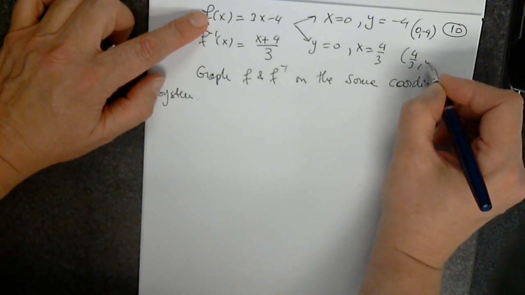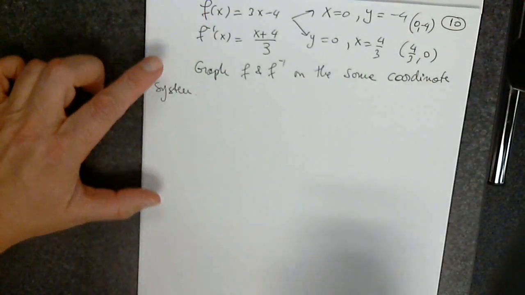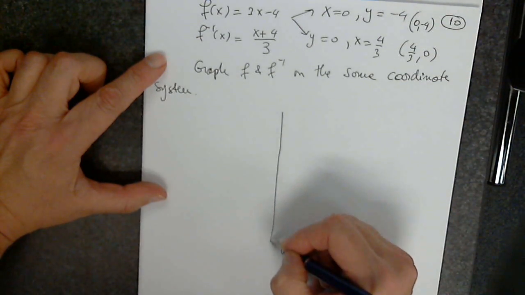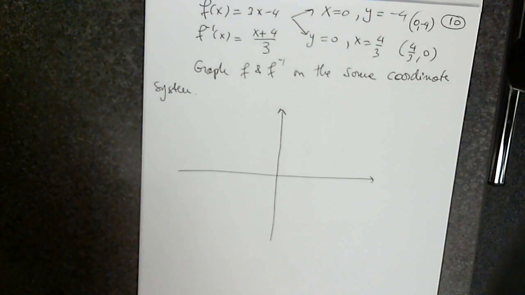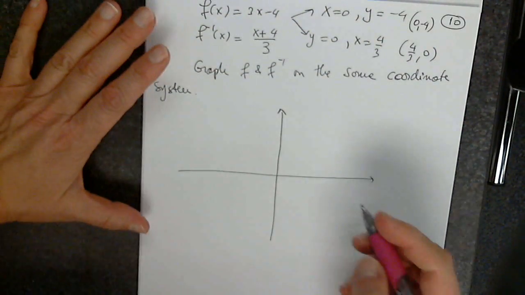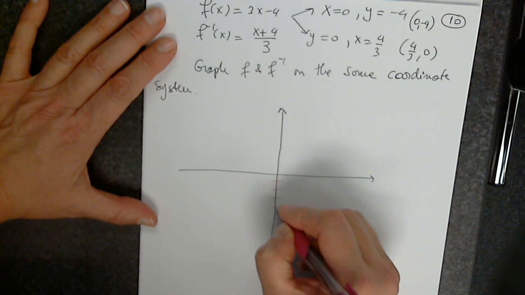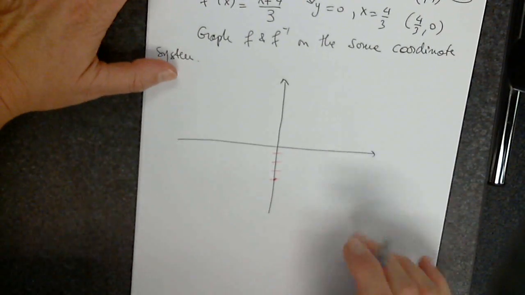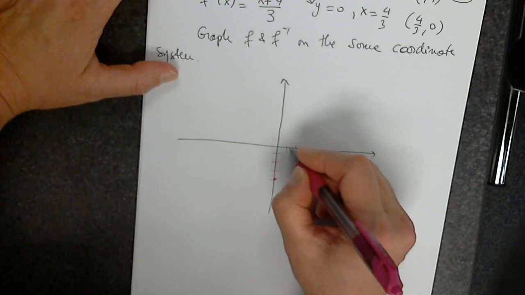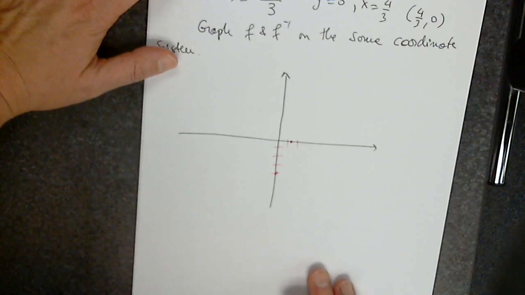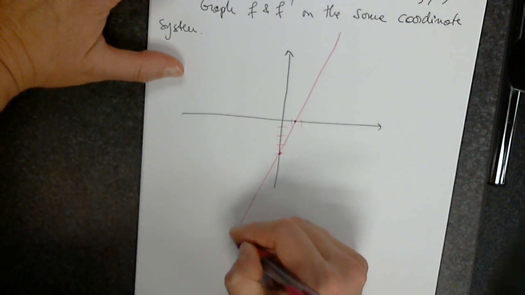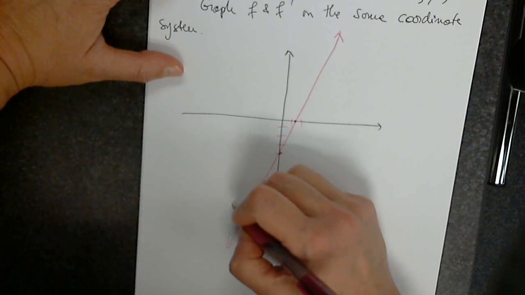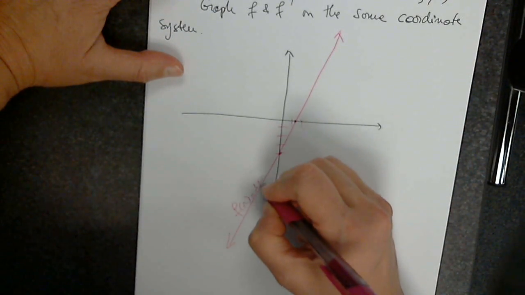So 4/3 comma 0. So I found the x and y intercepts for function f. It's a line. I'm going to graph it. So 0, negative 4, and 4/3, which is a little bit more than 1 right here, and 0. So I graph this line. And this is f of x, 3x minus 4.